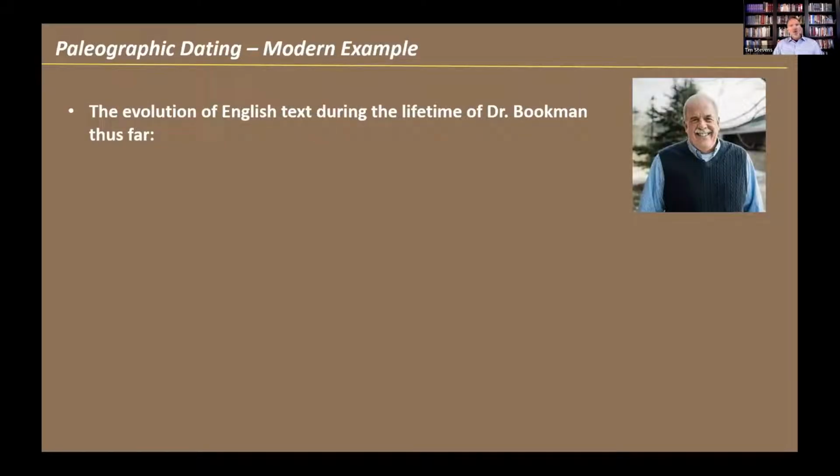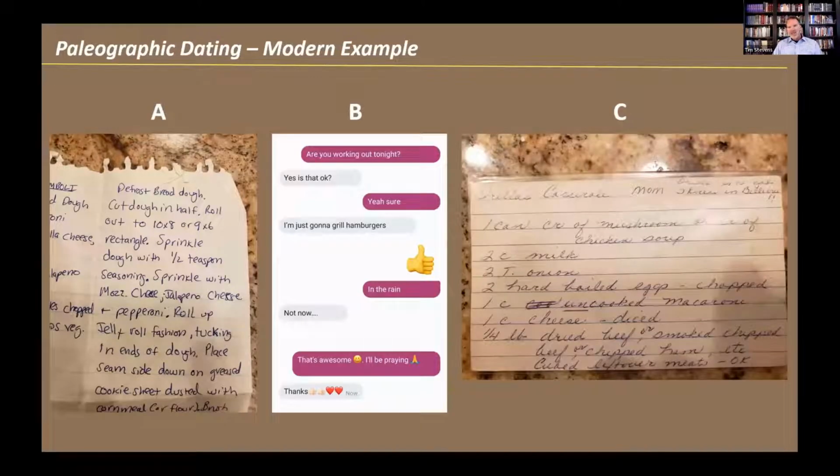So we'll look at the evolution of the English text during the lifetime of Dr. Bookman thus far. And so here are 3 samples of English text in and around my home. A couple of these came from a recipe box, and one of them came from an unknown electronic device, presumably unknown.